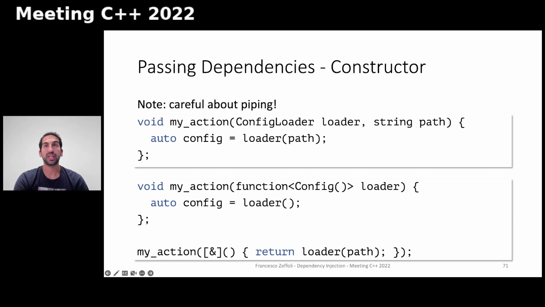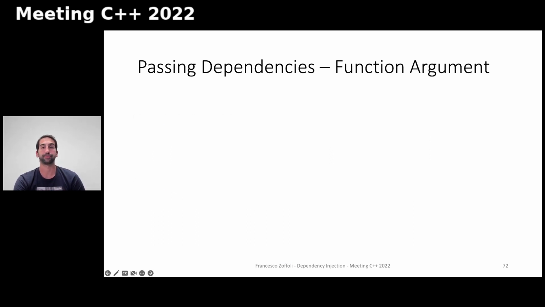We'll see something similar to this later as well, but this basically breaks the dependency between the specifics of the configuration loader and the string. So for example, imagine that the path changes to be a path type. You wouldn't have to change the action because it never cared about the path, it only wanted the configuration. The other option to pass the dependencies is to pass them as function arguments.